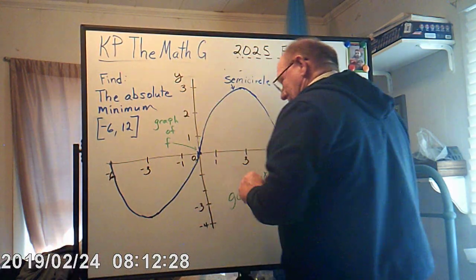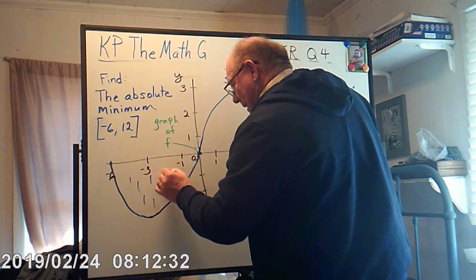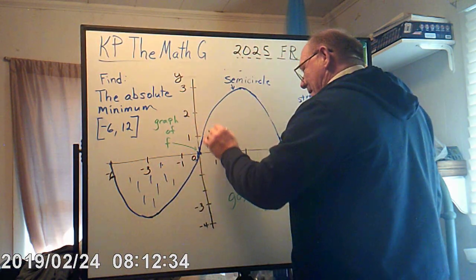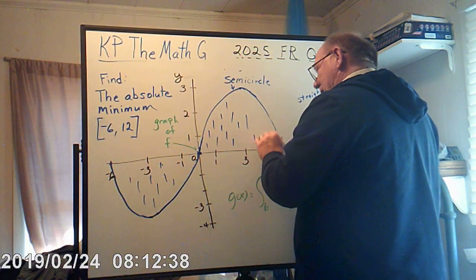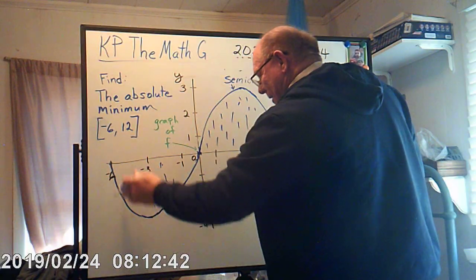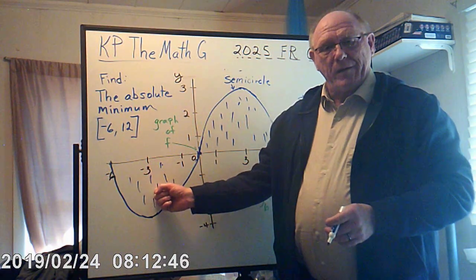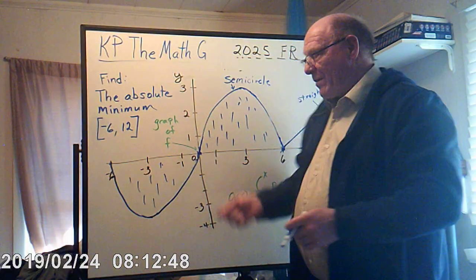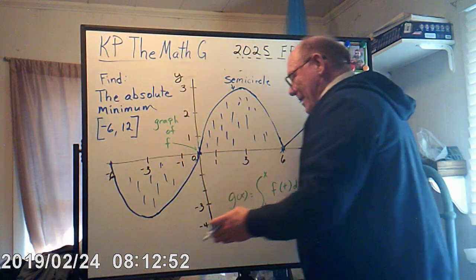Negative 6 to 6. Well, can you see that this area is below the x-axis, and this area is above the x-axis right here? And so whatever area we find down below the x-axis is going to be negative, and whatever we find here, both of these are semicircles.